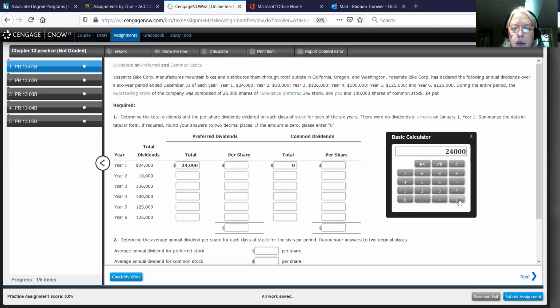I'm going to simply divide this by the amount of preferred stock that was outstanding, which is 25,000, and that will give us our dividends per share, which is 96 cents. Because we gave common stockholders no dividends, our common dividends per share is also going to be 0.